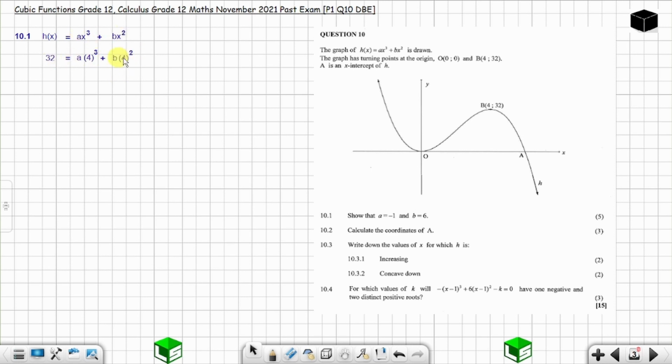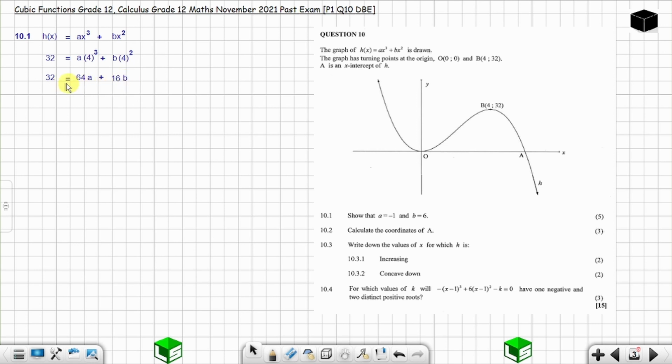Okay, so let's carry on. 32 is equal to 4 to the power of 3, this is 64 times a, so you are going to have 64a. You have 4 to the power of 2, this is 16, so you are going to have 16b. You can divide by 16 throughout.